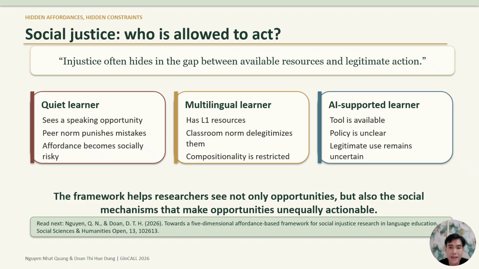So affordance-based analysis here does not only celebrate opportunities, it also asks who is allowed to act, who can act safely, whose resources count, and whose intentions are recognized. A classroom that may look rich in resources but poor in legitimate action, that is an ecological problem and also a justice problem.